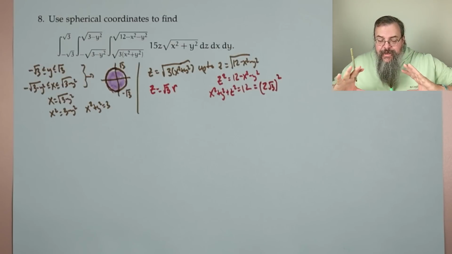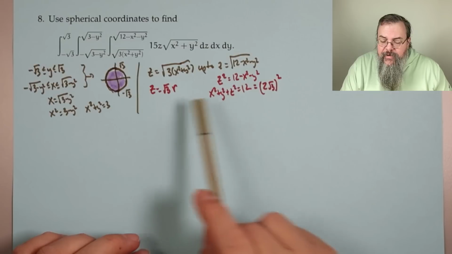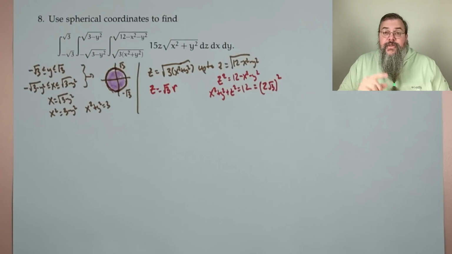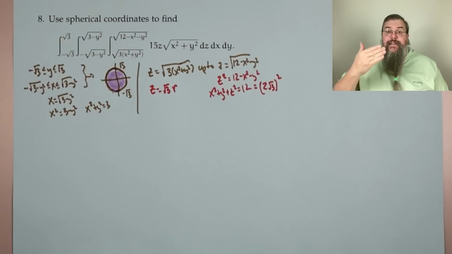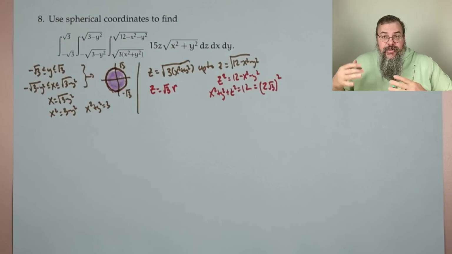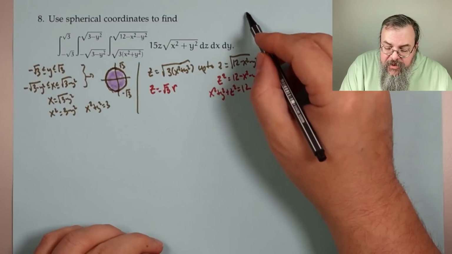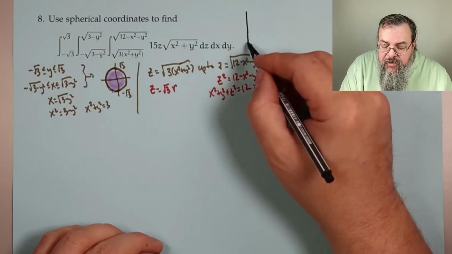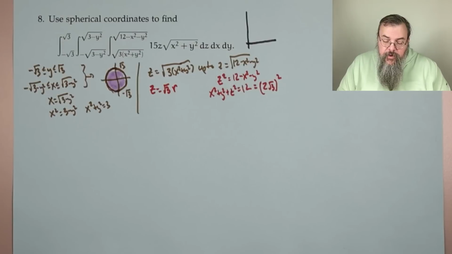We see there's really no theta dependence in these surfaces. In other words, it's the same all the way around. So if I can understand a slice, then I can spin and I get the shape. So that's why I want to understand things in the RZ plane. So, in the RZ plane, we have two curves.